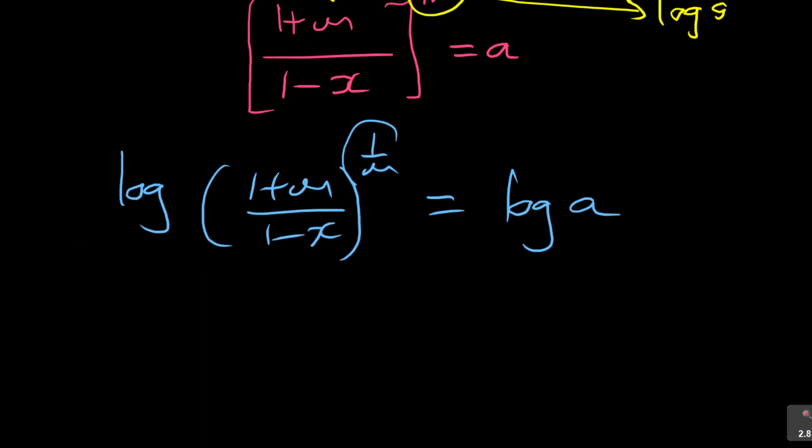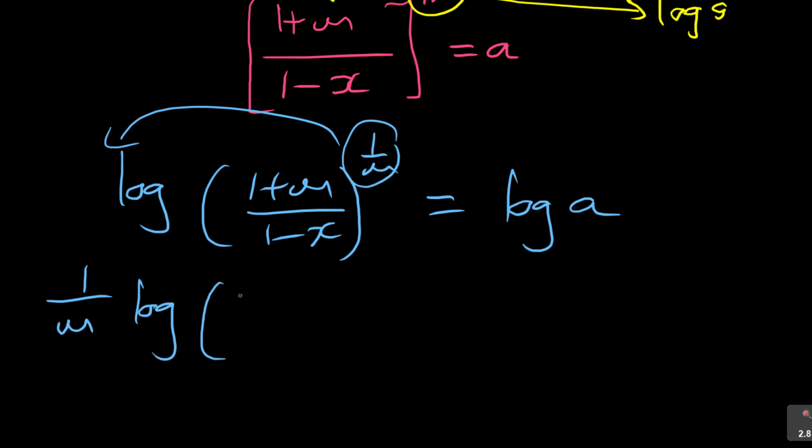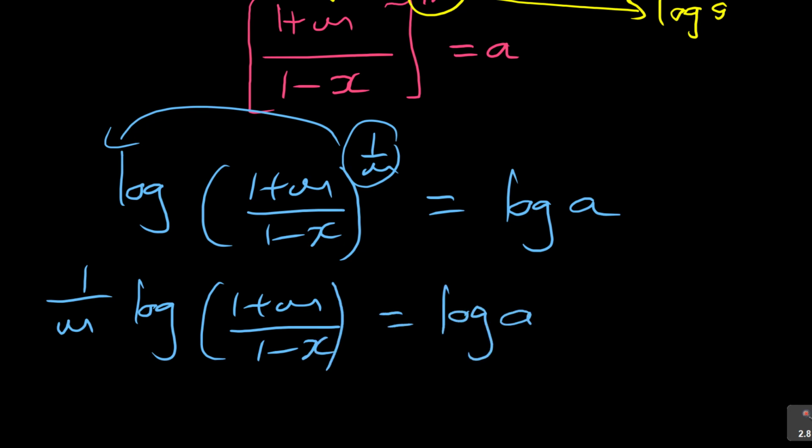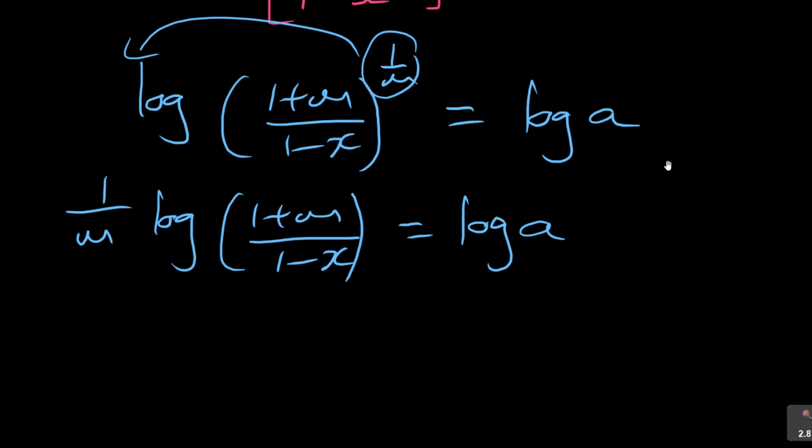Then you drop this power, it goes there. So it's 1 over m, log, and then it's 1 plus m over 1 minus x is equal to, back again, log a. Are you with me? And then from here, what you need to do, remember your aim is to separate m.